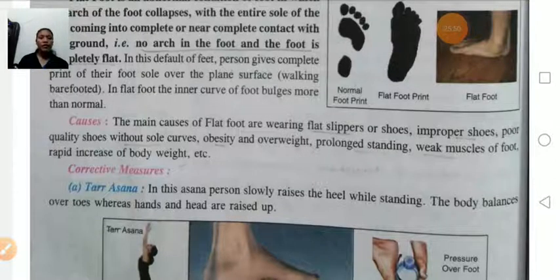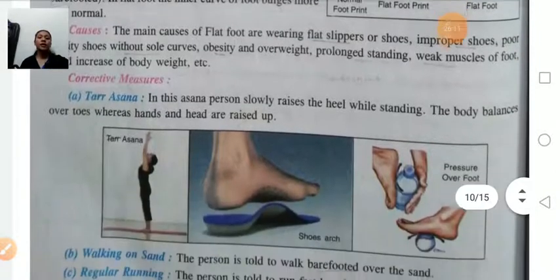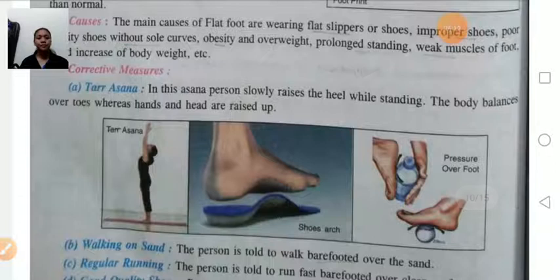Prolonged standing, if you stand for a long time. Weak muscles, if you have weak foot muscles. And rapid increase in body weight also leads to flat foot. And how can you correct it?